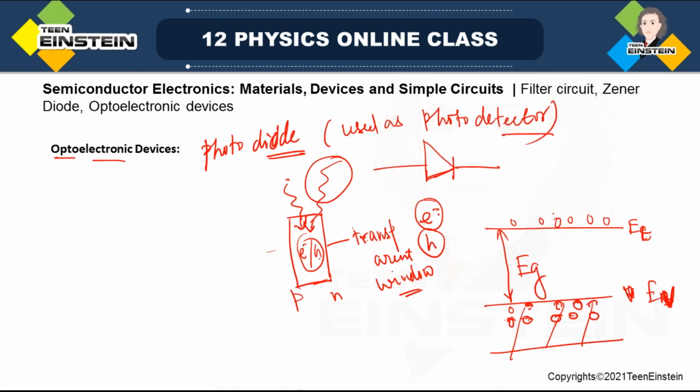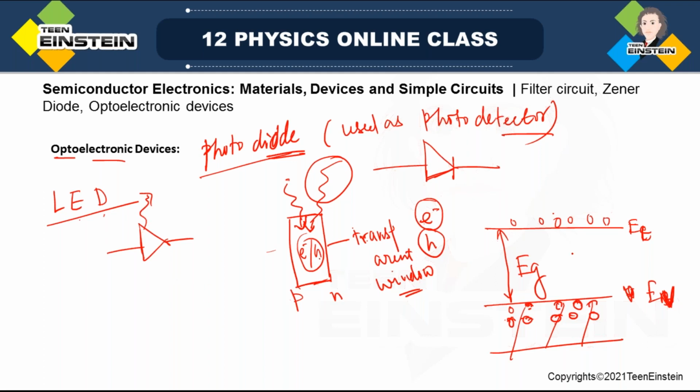Then there is the light emitting diode, or LED. That means a diode can emit light.